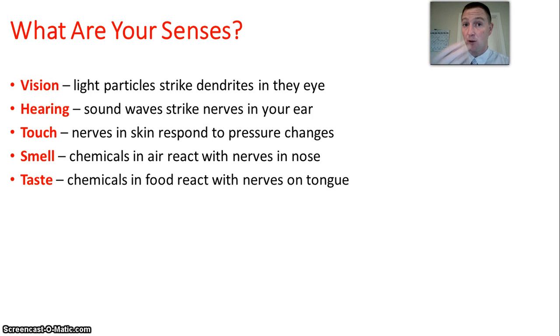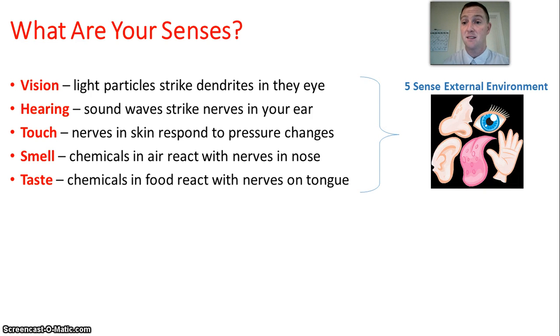Those chemicals in the air react with dendrites on sensory cells in my nose, and I can interpret those chemicals as smell. Same type of nerves are on your tongue. When you eat, certain chemicals in that food react with nerves on your tongue, and I interpret all that information as taste. Okay, smell and taste, very closely related senses.